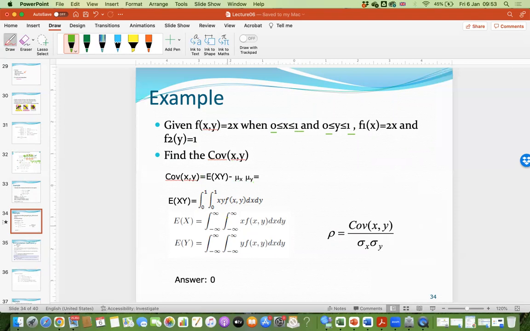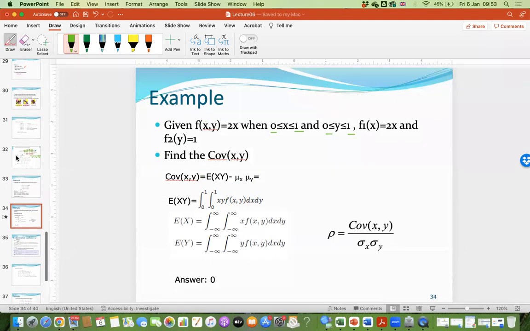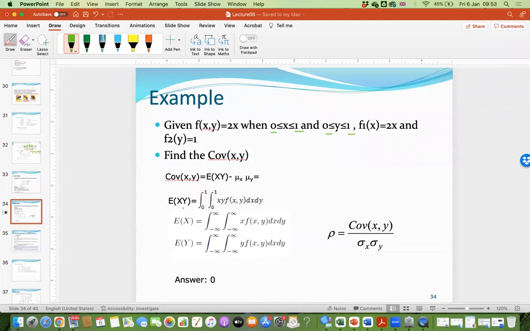So how to do this? Can you try it? How to get the mean? Okay. So first, you know that E[XY] is xy times the equation. So your equation is 2xy.